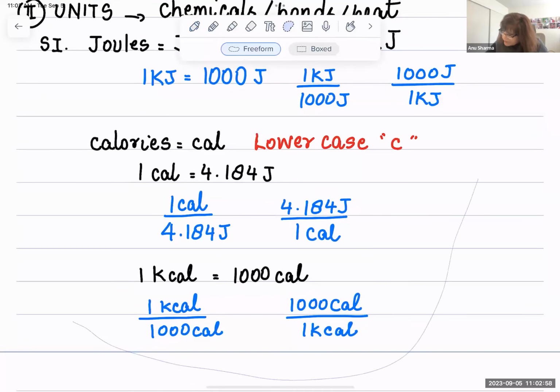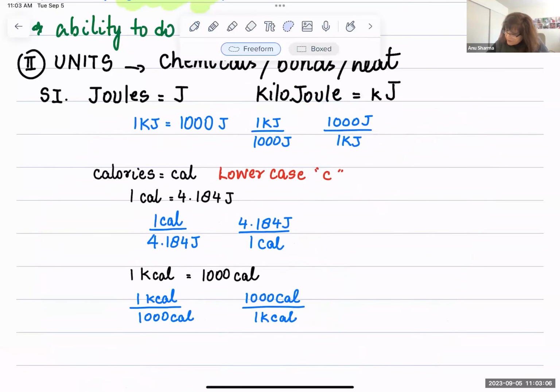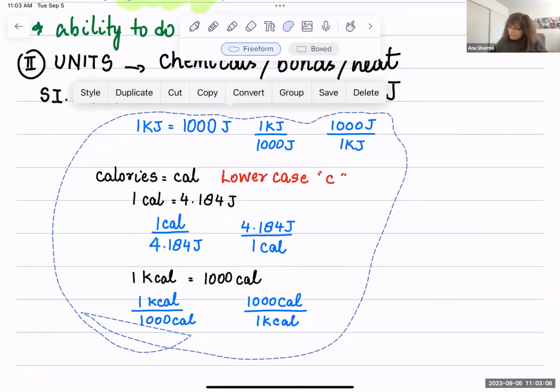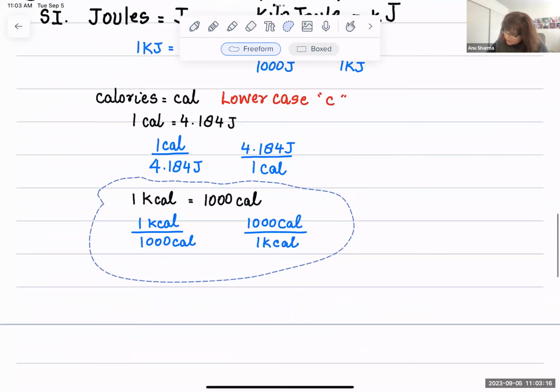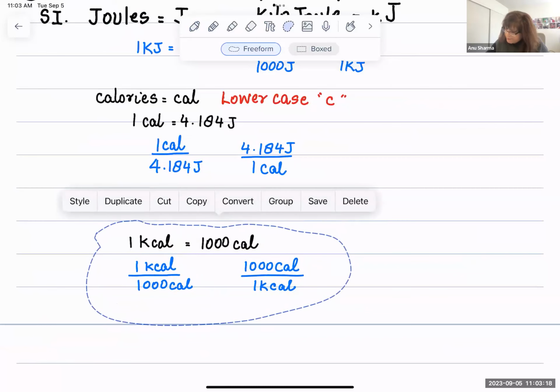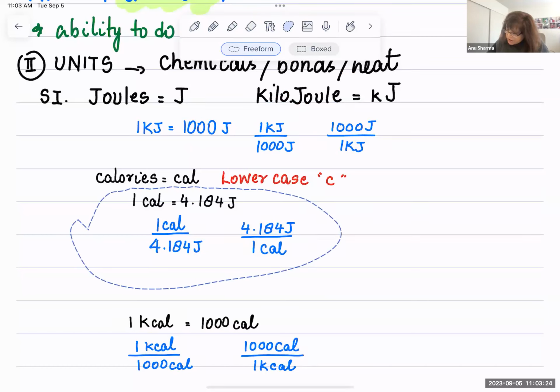Let me make these small because I don't have enough space here. These are the relationships between these units, and you will be using them in this course as well as in future courses, especially Chem 1A.